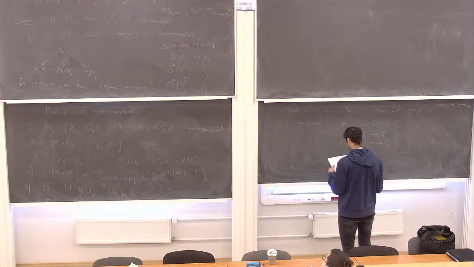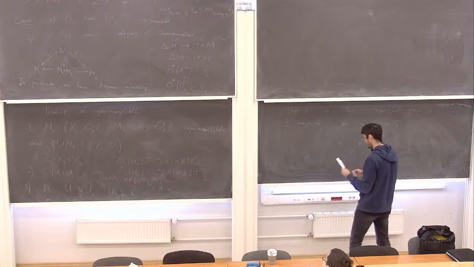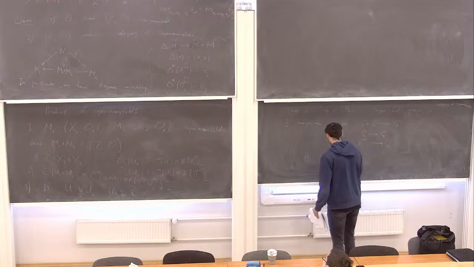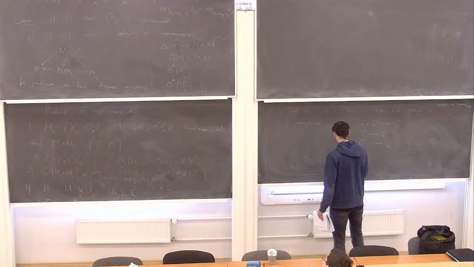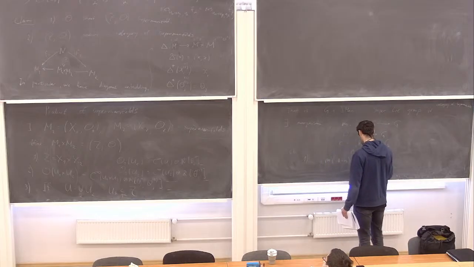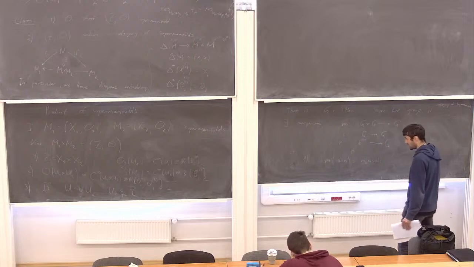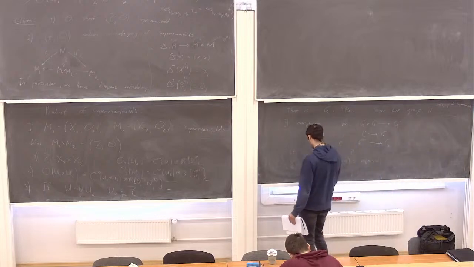So, of course, you should have associativity of multiplication, right? So M(ID × M) is the same as M(M × ID), right?